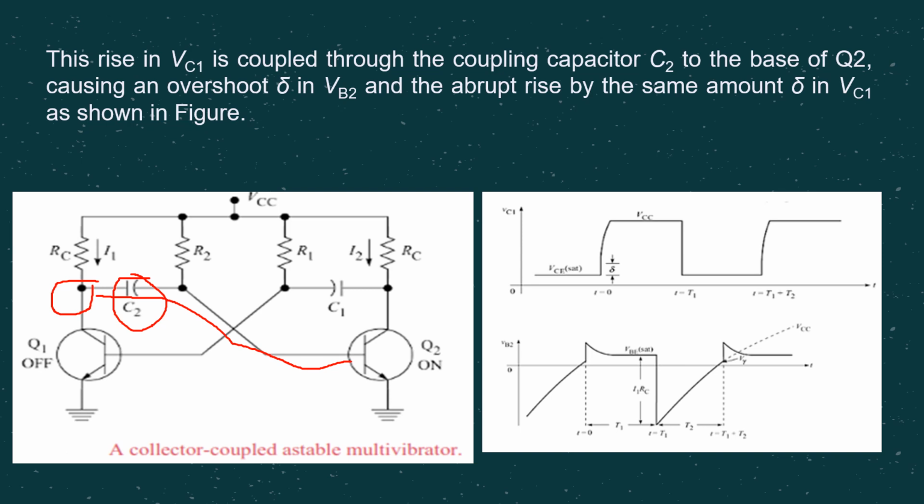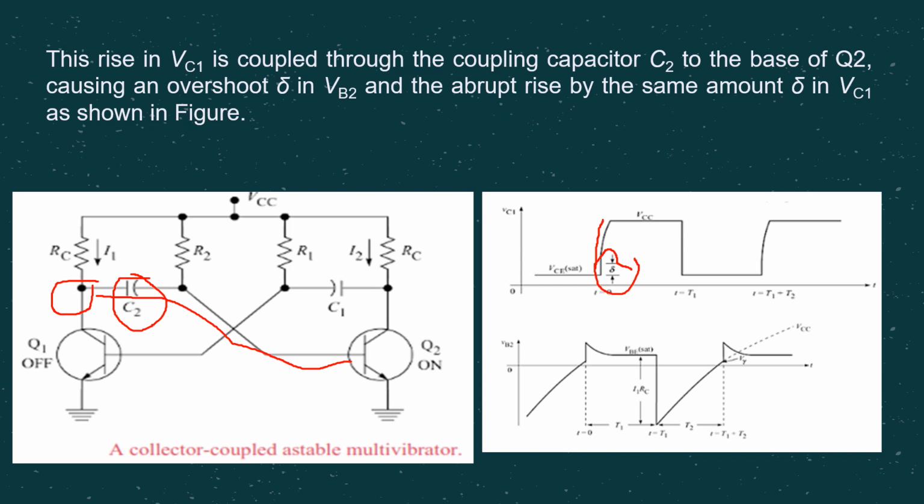So the increased amplitude causes an overshoot. Overshoot means an undesired increase in the amplitude, which causes some distortion. Generally we expect a sharp transition, but it takes some time, which causes some distortion in the signal.